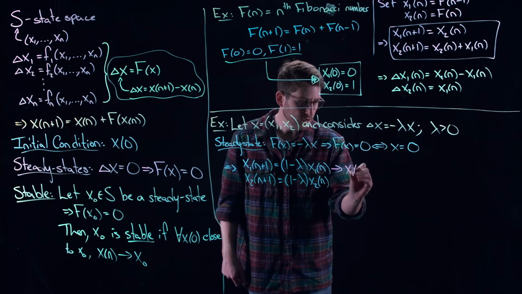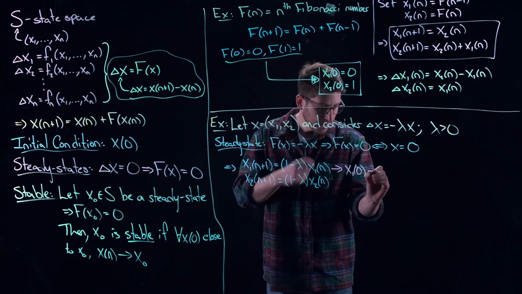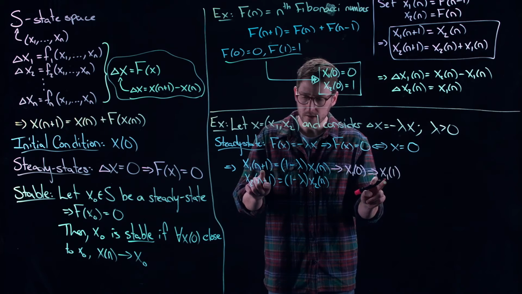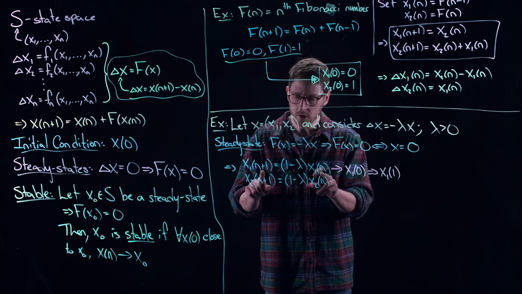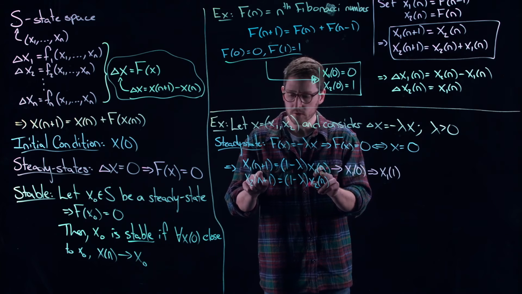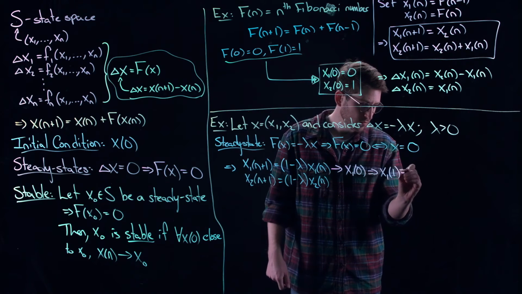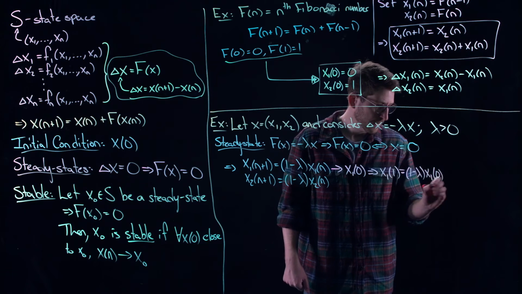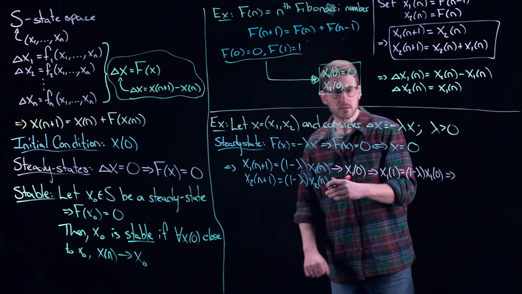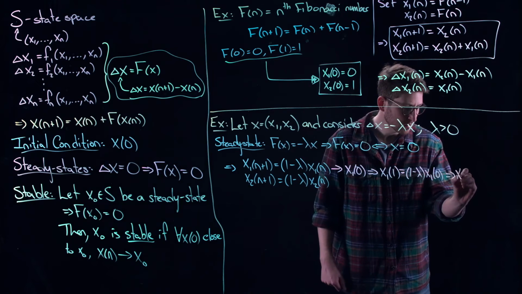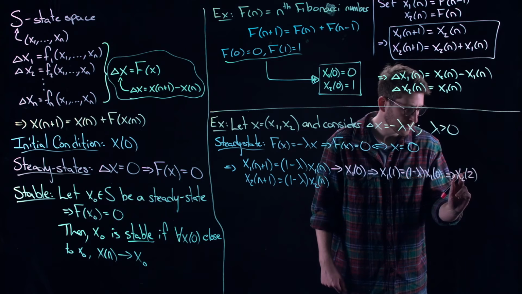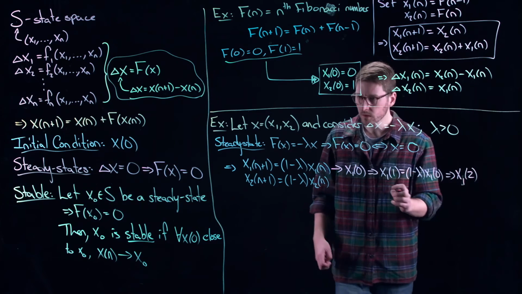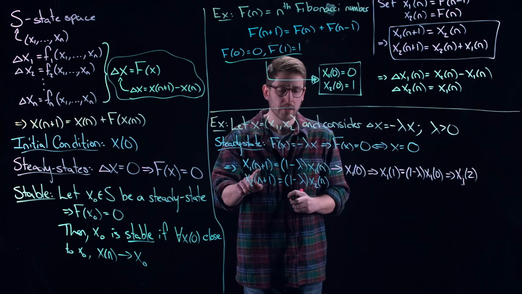Okay, so let's look at this. If I have an initial condition, then x1 of 1, my next iterate, so n is equal to 0, that gives me my initial condition. The next piece is taking n equal to 0 here. This is just 1 minus lambda times what I started with. Similarly, for the second iterate of x1, pardon me, this would be taking n equal to 1 in here.